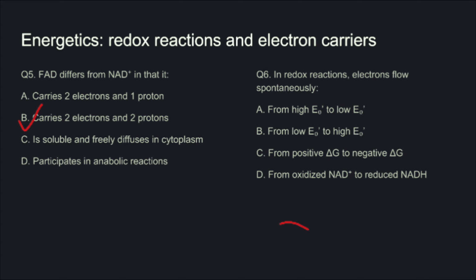Correct answer for this question is option B. So electron flows from a lower, that is a more negative redox potential, to a higher, that is a more positive redox potential, which releases the energy.